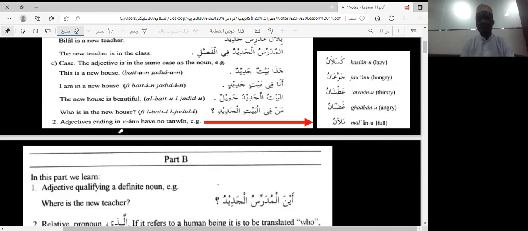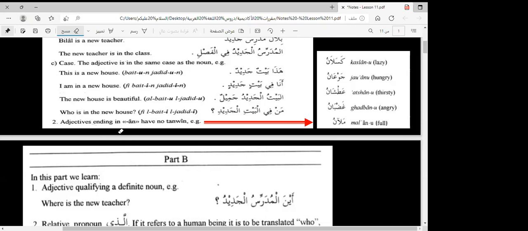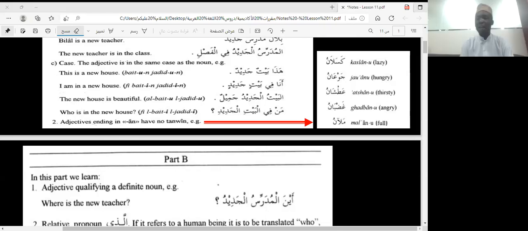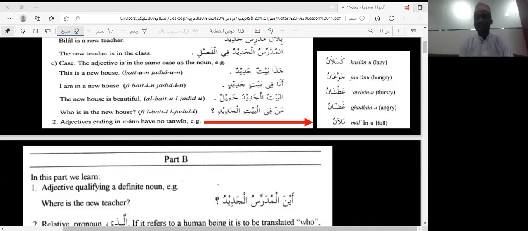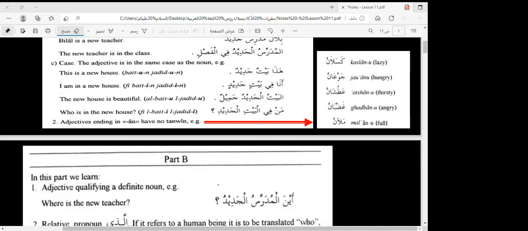In the scale of what? Fa'lan. Can you say that? Who can say that for me? Fa'lan. Fa'lanu.